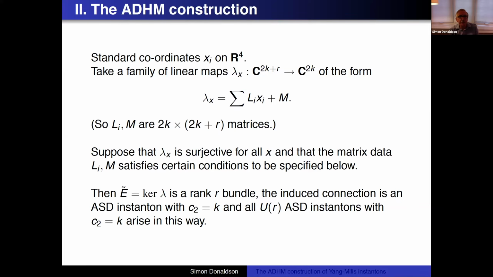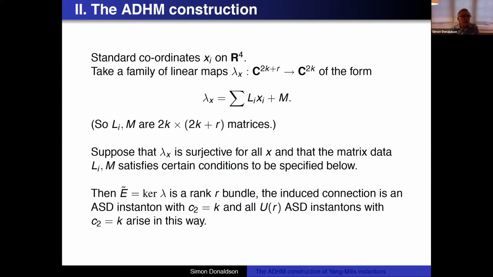So everything is determined by five 2k by (2k+r) matrices, L_i and m, i going from 1 to 4, or 0 to 3. So we want to assume that these maps are surjective for all x, and then there are going to be some other conditions which we'll come to later, but some very algebraic conditions on these matrices.